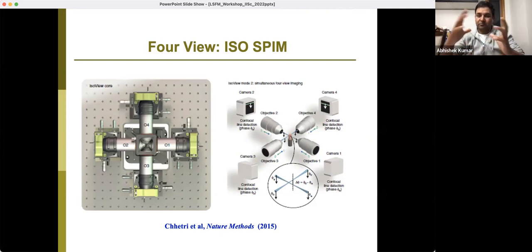The optical environment is not the same. So your light, depending on where you are landing, can get distorted. And there are some tricks we all play, including adaptive optics, to go around that. So basically you have a 4 lens system where you can do multi-view acquisition.